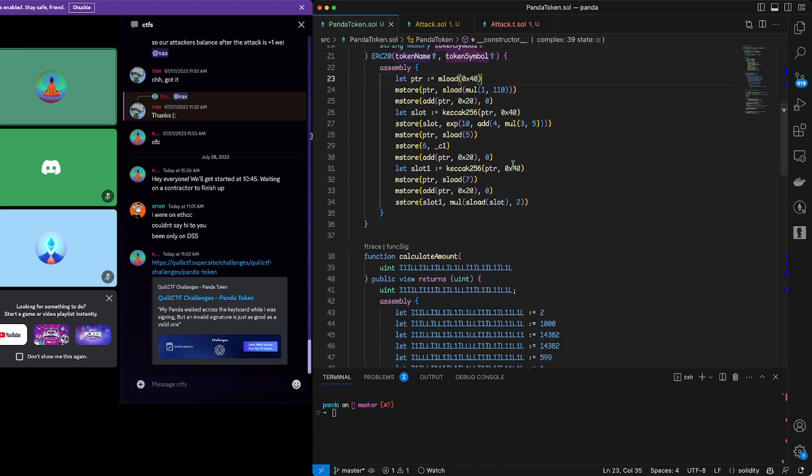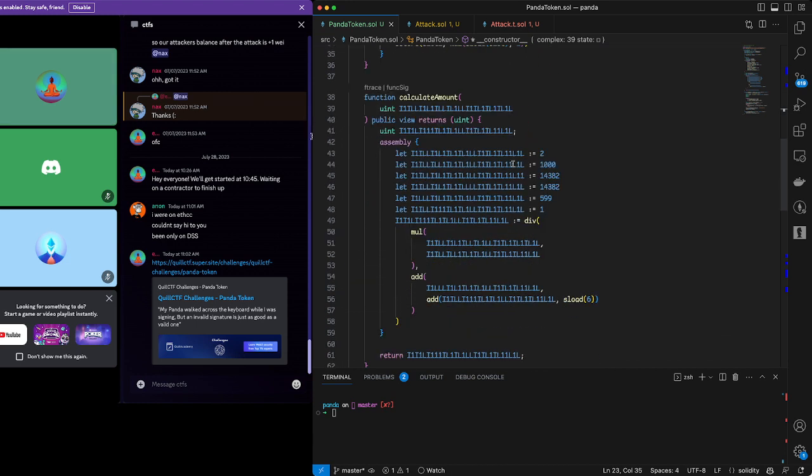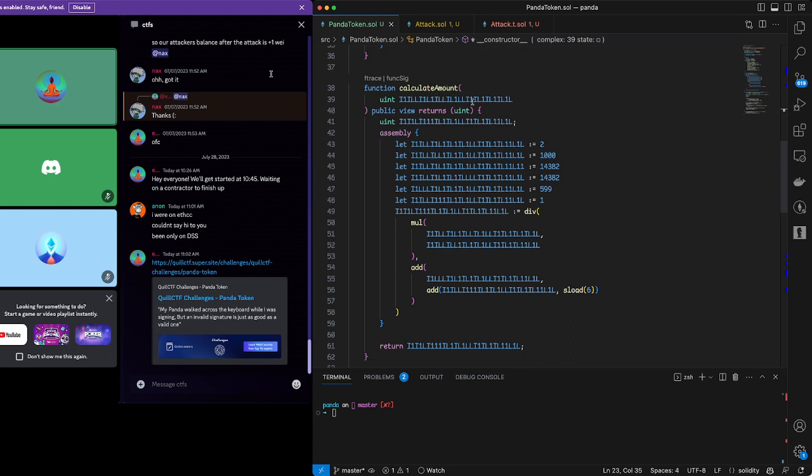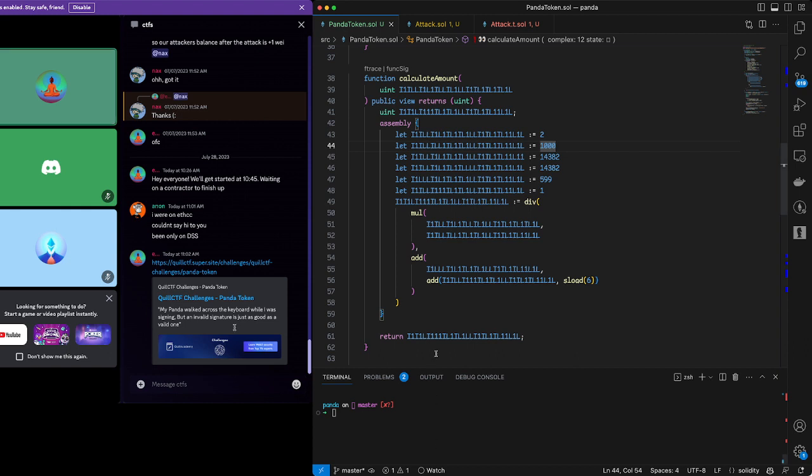So we'll keep going. Calculate amount is obviously obfuscated with their variable naming. There's a couple ways to get around this. Oftentimes I'll just throw something like this into GPT and ask it to provide clean variables. Another easy way is to ask yourself what's actually being used.